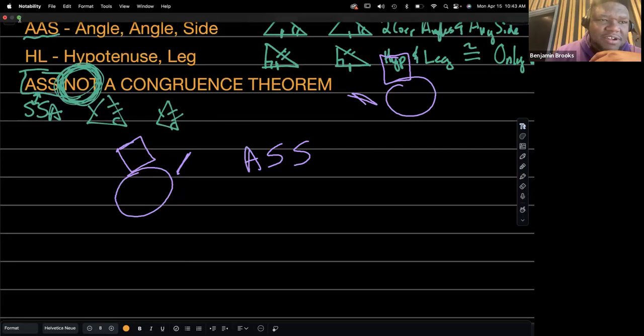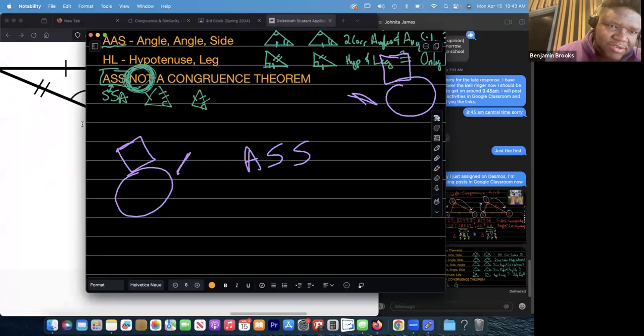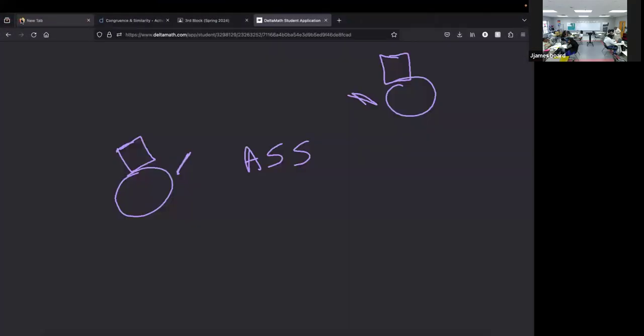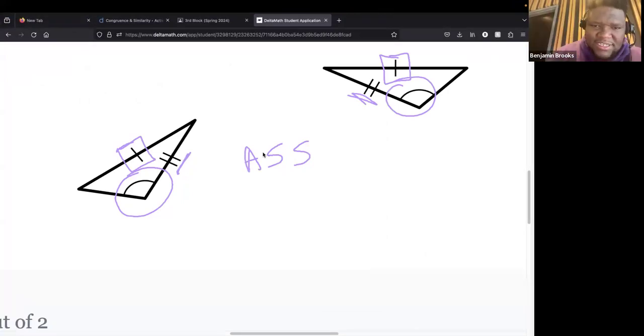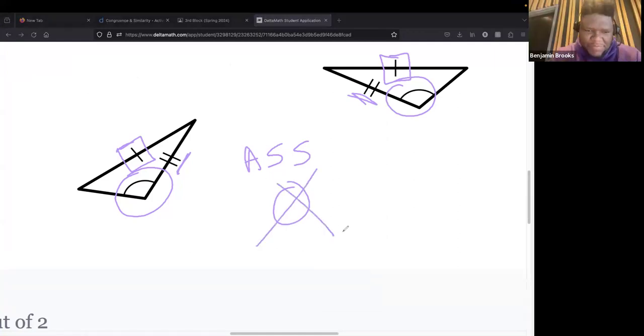Side angle side, they don't work. The only way it works is if it's hypotenuse leg. In this case, it's not hypotenuse leg, so it doesn't work. So this is not congruent. I mean, they might be congruent, but we can't be sure that they're congruent because it's angle side.